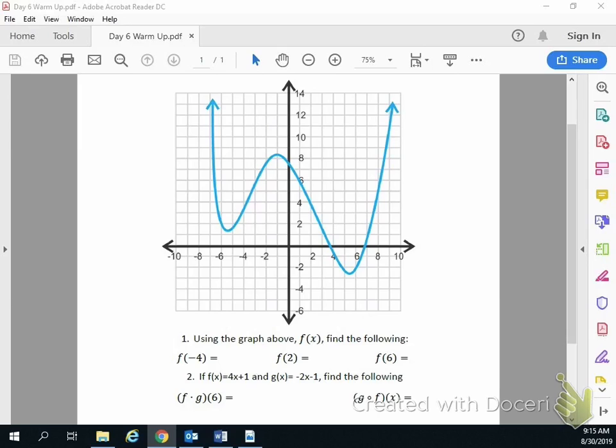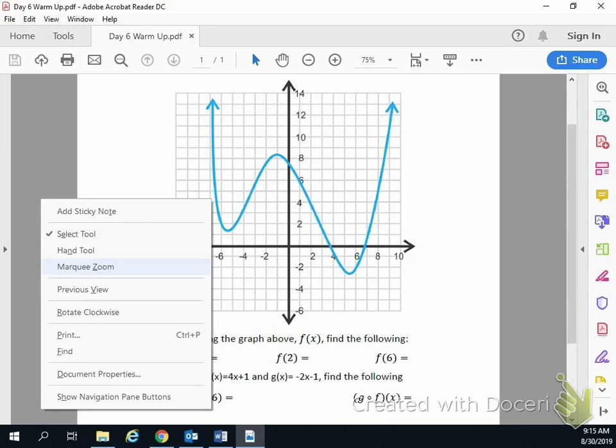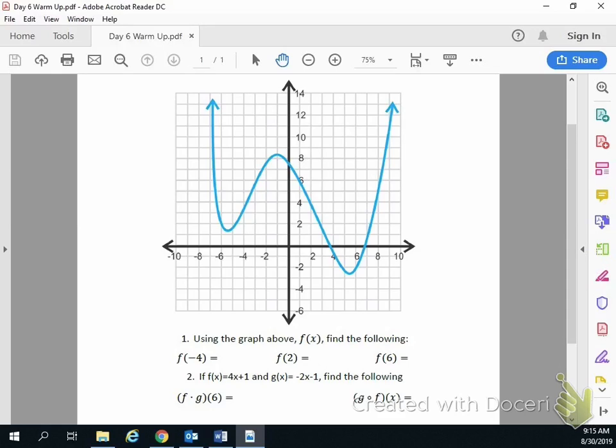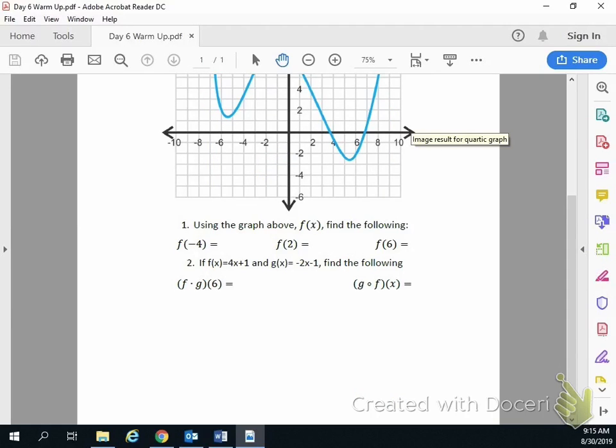Let's go down and work on the last two. Let me get it to where I can scroll down just a second. Okay. So if I'm doing f times g of 6, this is the one where I'm going to rewrite it. I can rewrite it as f of 6 times g of 6. This right here, f of 6, that is telling me to do what?